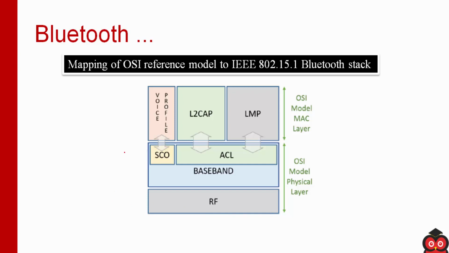If you look at the layers or the protocols used in Bluetooth, the Bluetooth stack is compared against the OSI layers. If you remember, in the OSI layers the bottommost layer, the first layer, is the physical layer, and immediately on top of the physical layer you have the MAC layer.